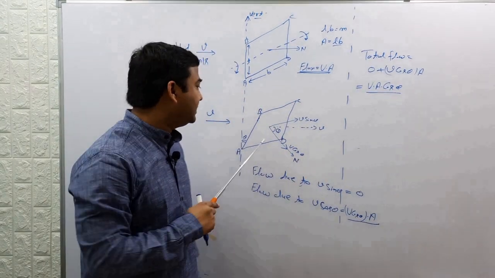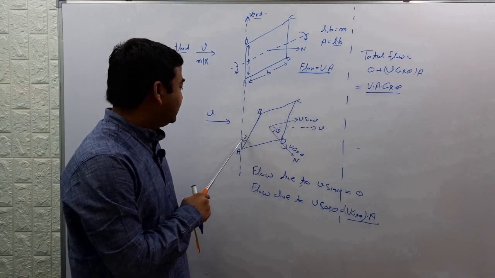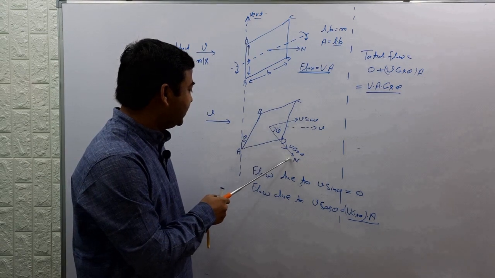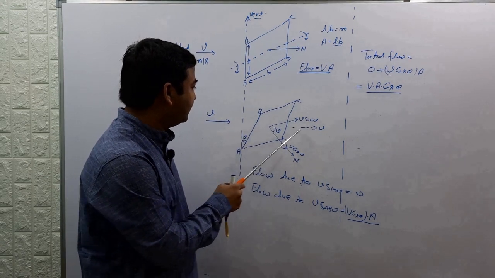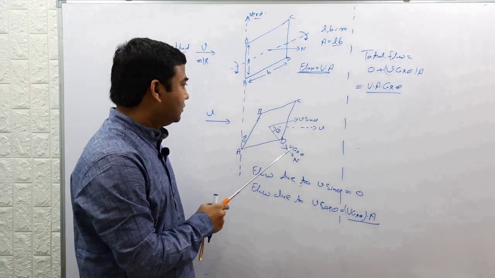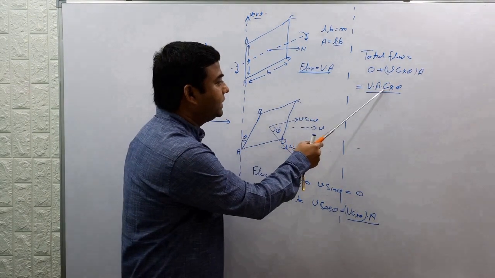So when the perpendicular on this area is making angle theta with the velocity vector, the flux is VA cos theta.